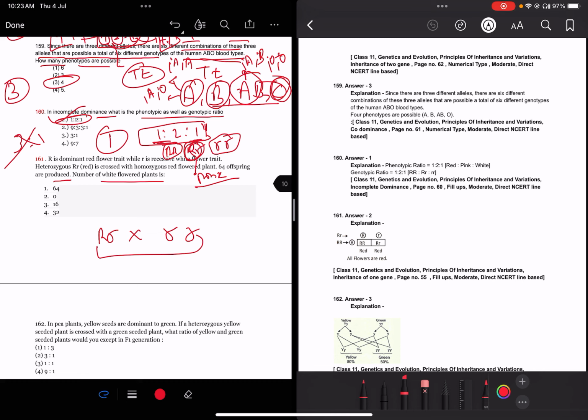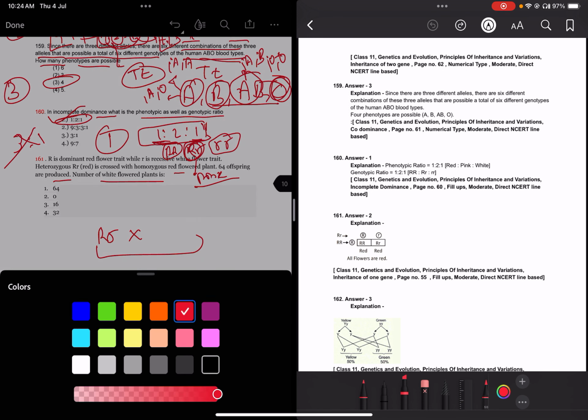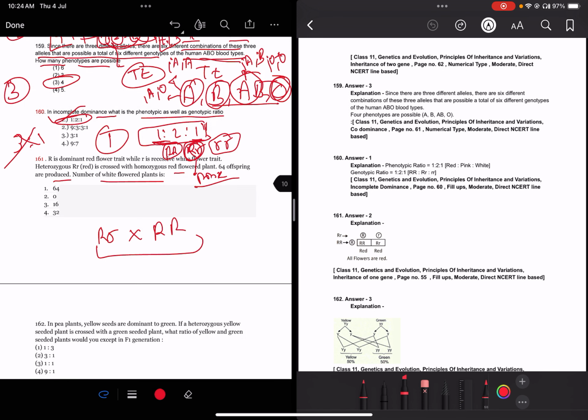What is the number of white flower plants? This is crossed with homozygous red flower, RR. The possible genotypes are only these two types, no others, and all of these are dominant. So all are red, but the question is asking about white. No white, so the answer is 2.